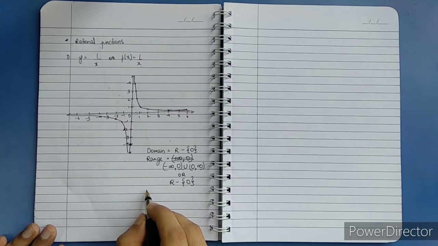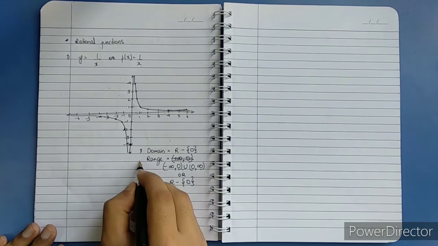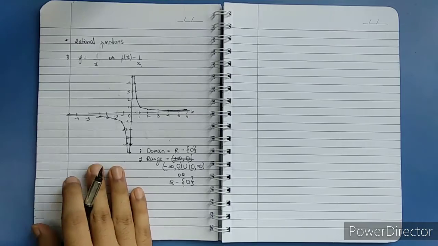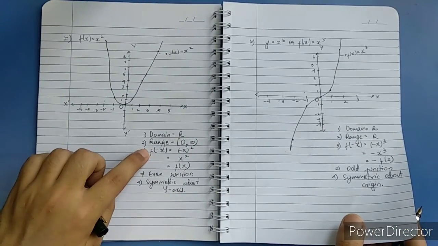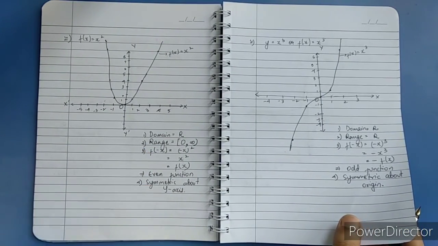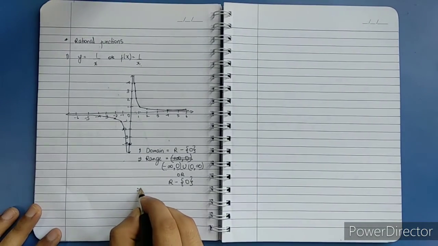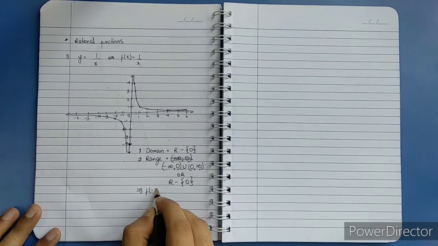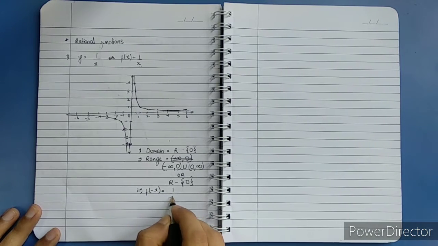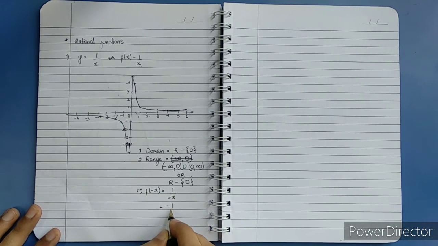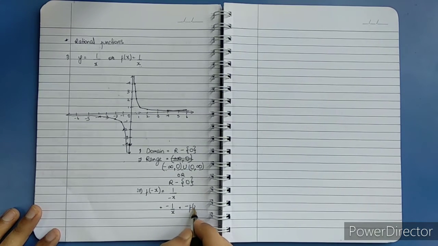Okay. After range, like in the last portion we did what f of minus x was and symmetric functions. So over here we see f of minus x is 1 by minus x, which equals minus 1 by x, that is minus f of x.